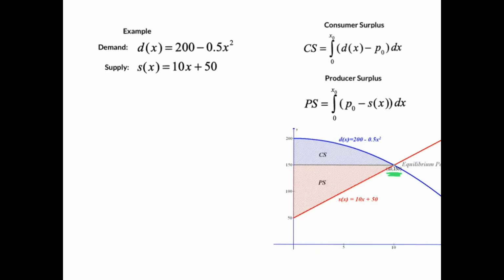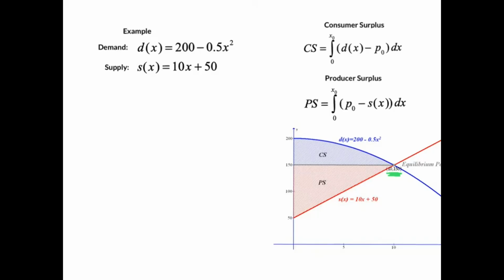And then we have the supply function. Supply is an increasing function because as price increases, the amount supplied would increase as well, as more producers try to get in the market or producers increase what they are making. And so s of x here is 10x plus 50. And so what we did was we figured out where those intersected. Now, if you need to, you can do that algebraically by setting the two functions equal to each other and solving. It's a quadratic. I'll spare you the details.